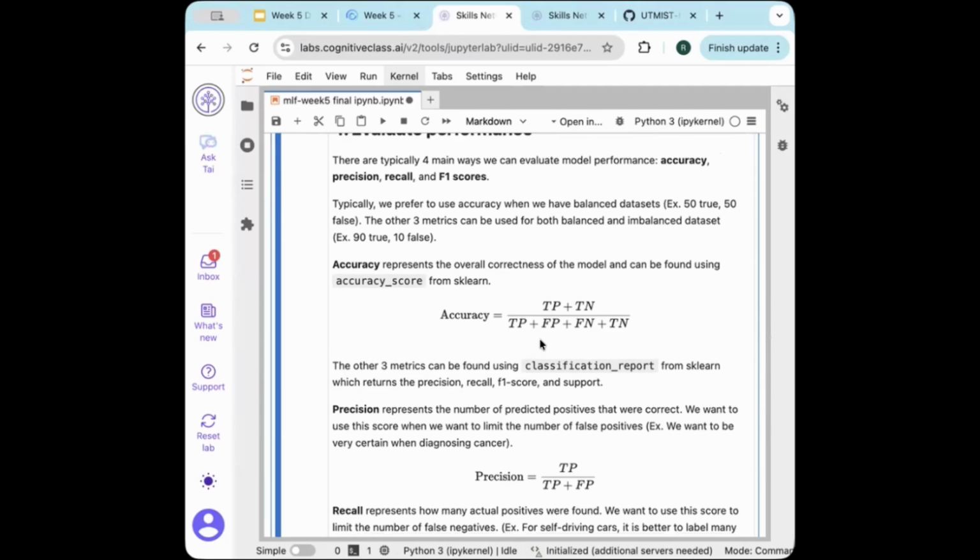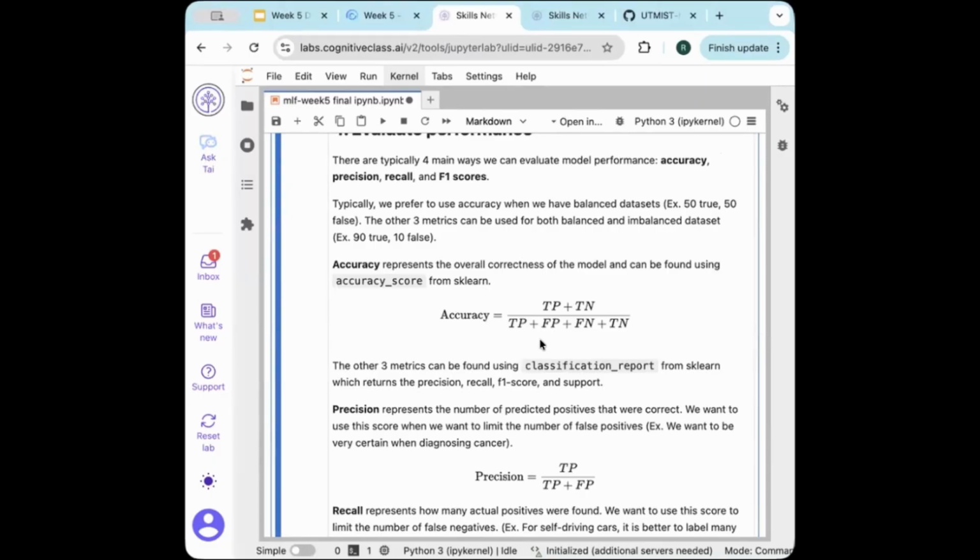The accuracy basically represents the overall correctness of the model and can be found using accuracy_score from sklearn. So there's another public function we can use. We don't have to make all this calculation mathematically ourselves manually. The point here is we have positives and negatives. Both of them have a certain number that are true and a certain number that are false, meaning they were misclassified.